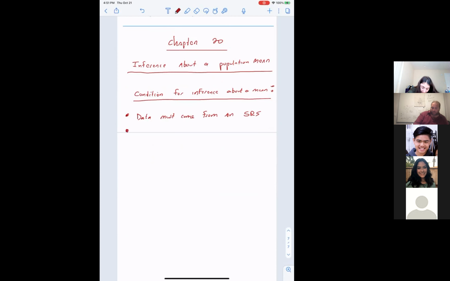Number two, population must have normal distribution, or at least be symmetric with a single peak. If it's not normal, at least be in the right ballpark.